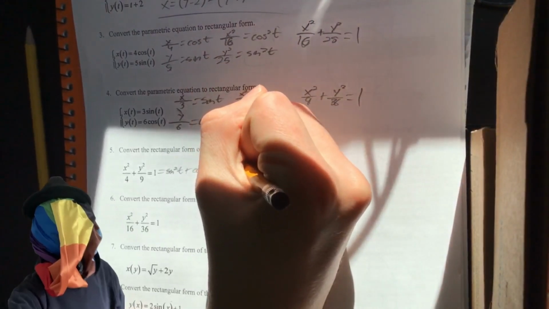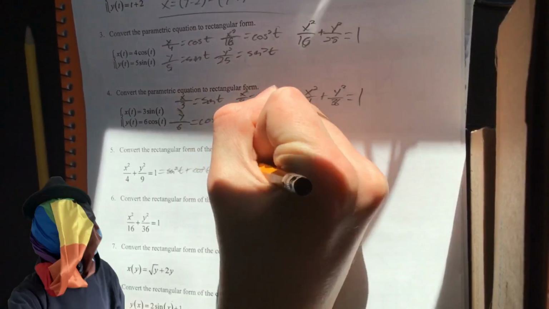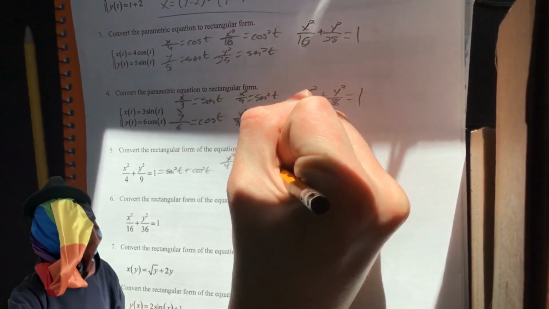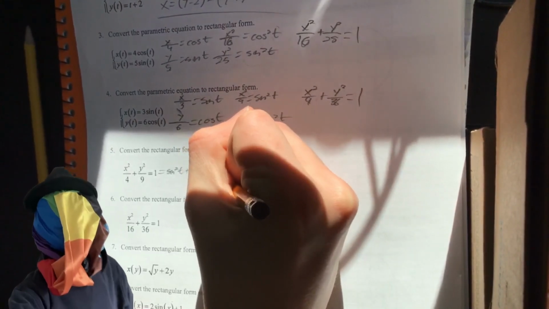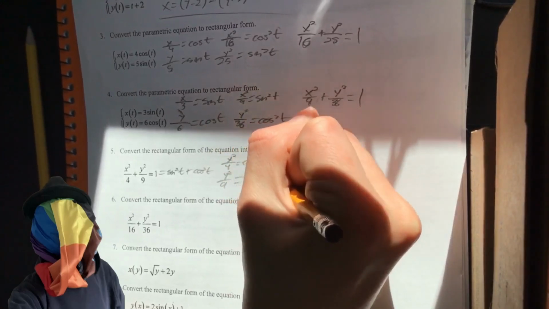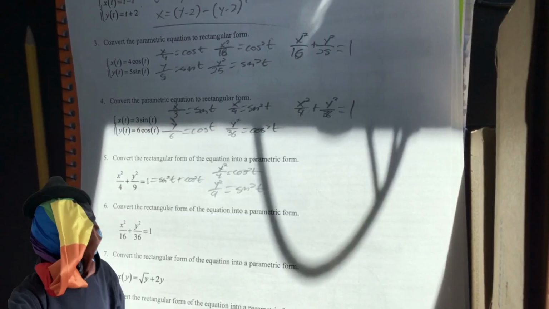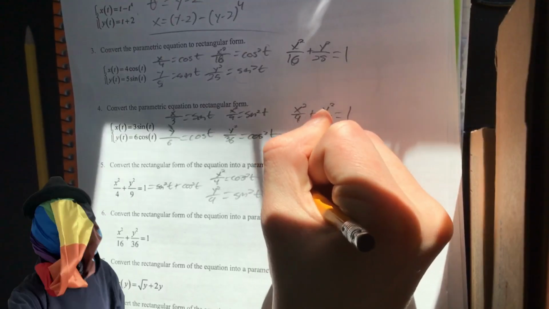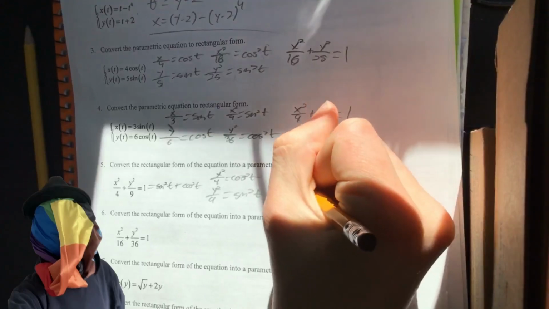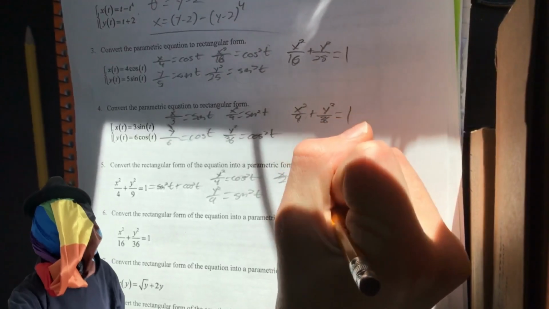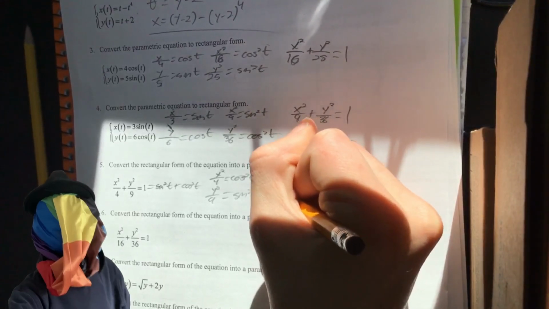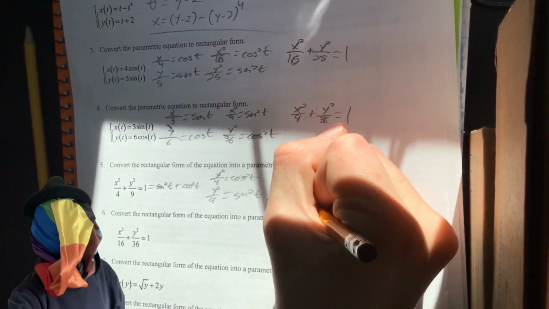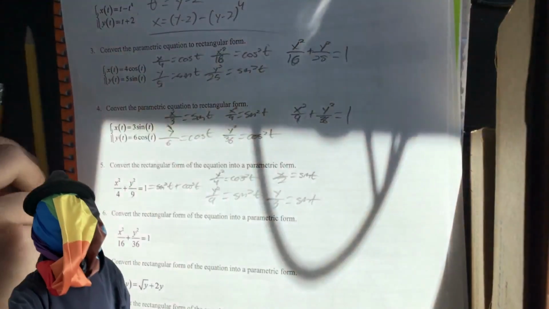We can just do squared over 9, and take the square root of each one. x over 3 equals sine of t, and then y over 3 equals cosine of t.